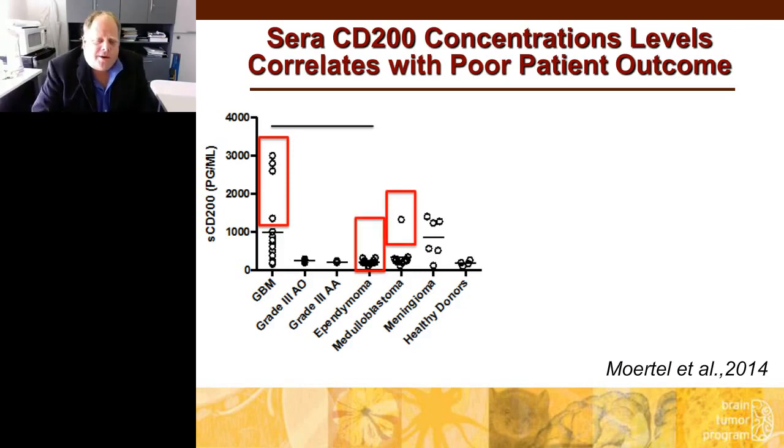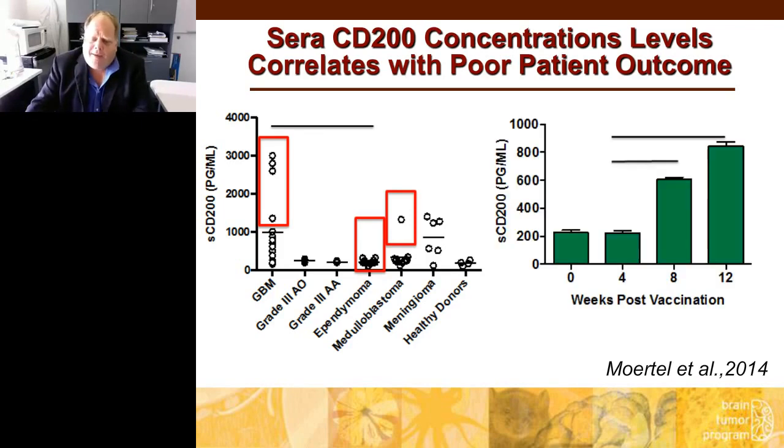But what was very interesting and caught our attention was that within all these ependymomas, one of the ependymoma patients was on our trial. And when she came in, she had relatively low concentrations of CD200. And she actually responded to our therapy, which was pretty exciting. But what happened was when she had recurrence at week 8, her CD200 level significantly increased from her baseline. And then when she had her spinal mets, it went up even further.